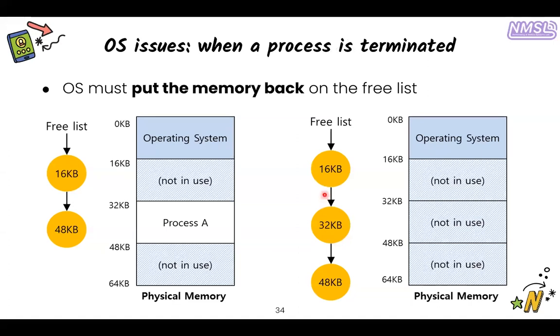Sometimes, like you mentioned, different processes might have different sizes, and we're going to talk about that in the next part in terms of segmentation. You're going to have to find the right spot. Here the assumption was that every process has the same size, but not all processes might have the same memory size. Then you have to take that into account when you're putting it into the physical address.